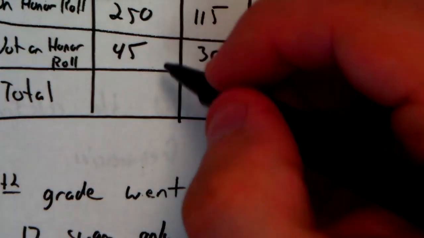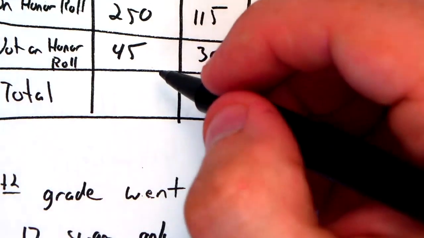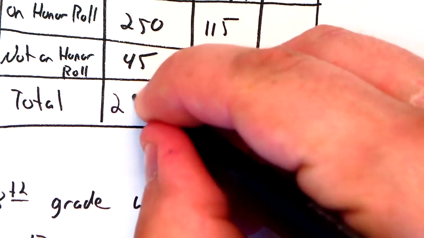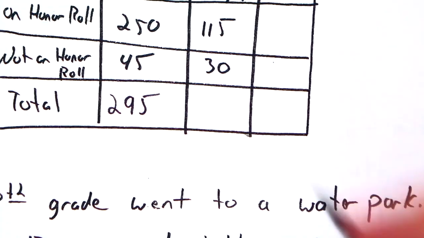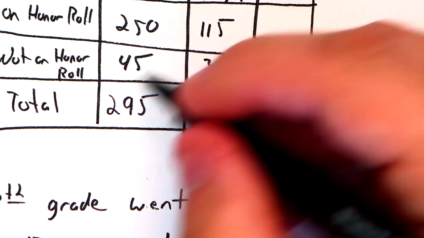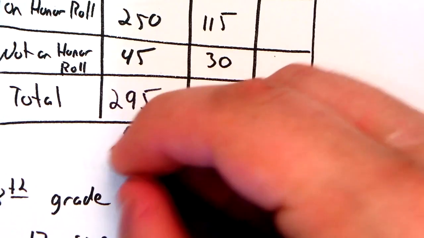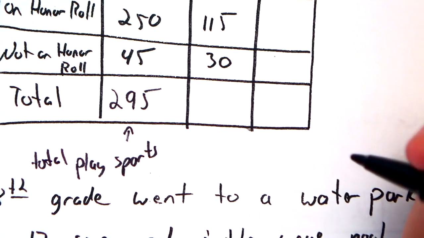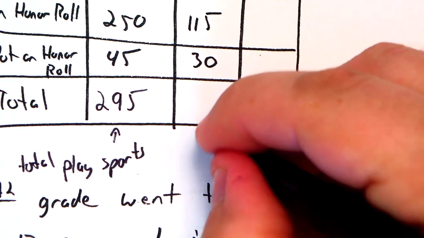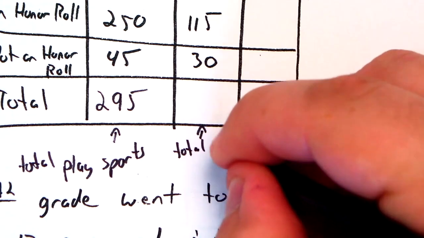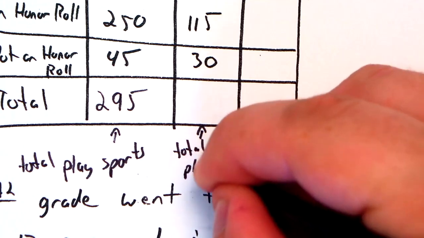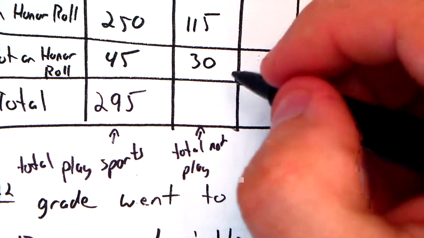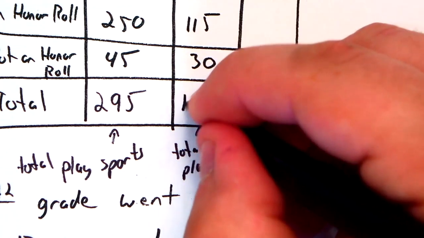250 and 45. If you add them up, you get 295. This is the total number here. This is total that play sports. This one right here would be total not play. 115 plus 30 is 145.